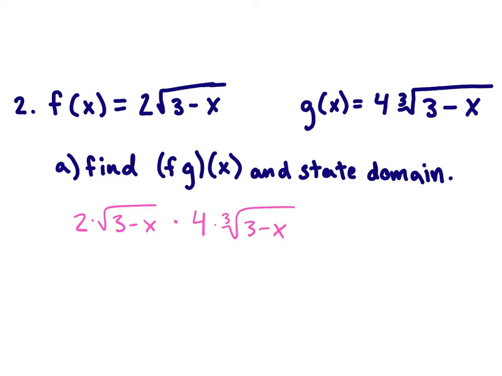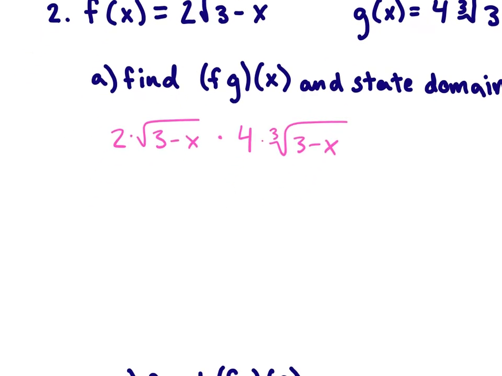Can we combine anything together here? The square roots. Yeah, we can combine the square roots. We can think of this as having an exponent. So this would be 3 minus x to the 1/2 power, because the square root is the same thing as the 1/2 power.